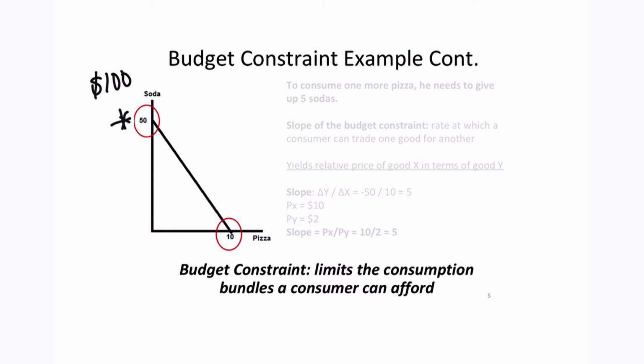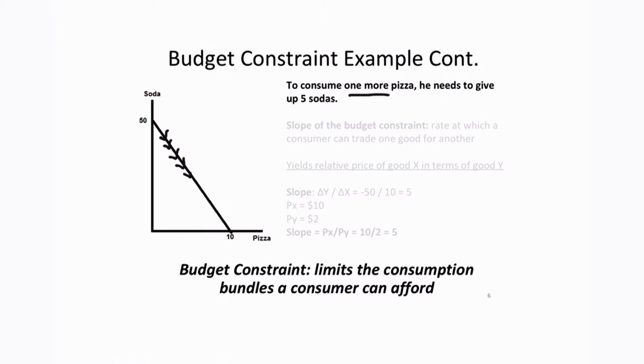If he spends all of his $100 on pizza, the total amount of pizza that he can consume will be 10 pizzas. So what we see is that the movement along our budget constraint is going to represent how much more pizza can he consume and how many sodas he has to give up to consume one additional unit of pizza.